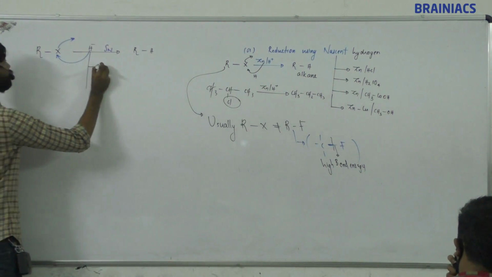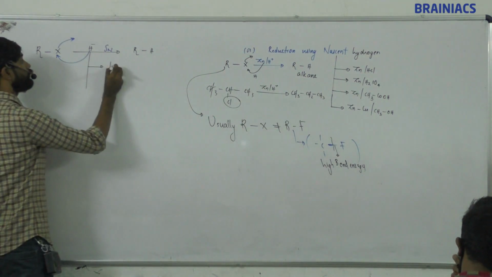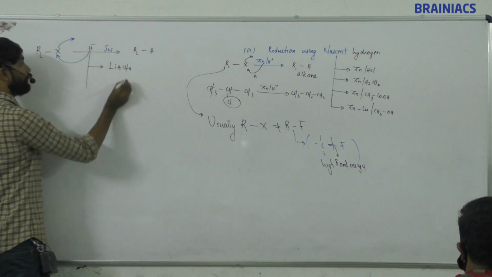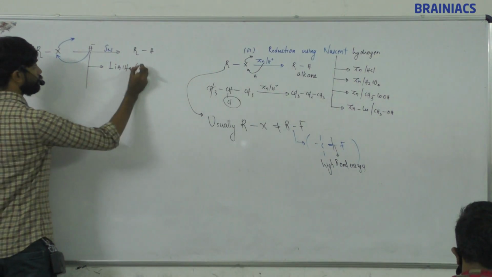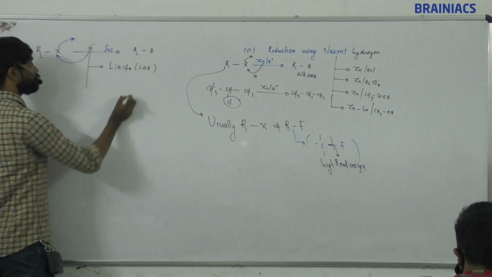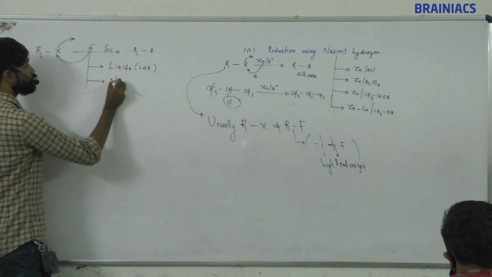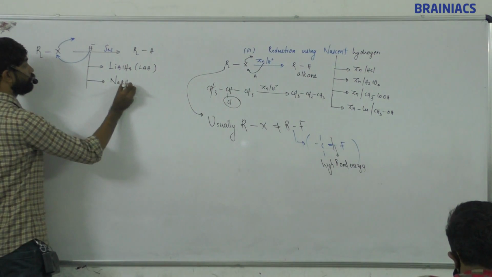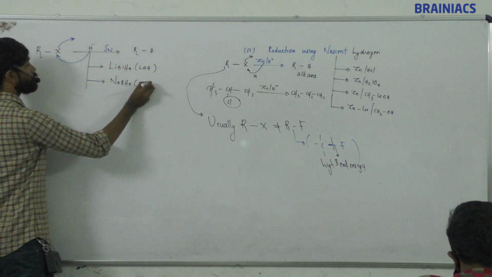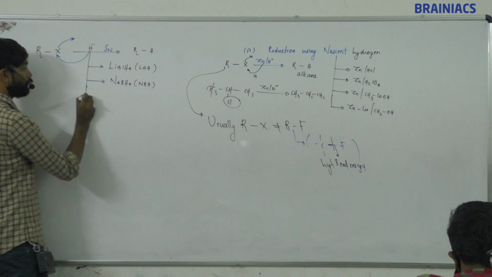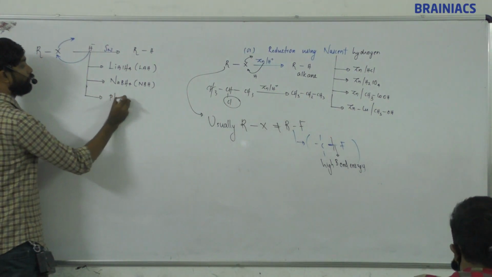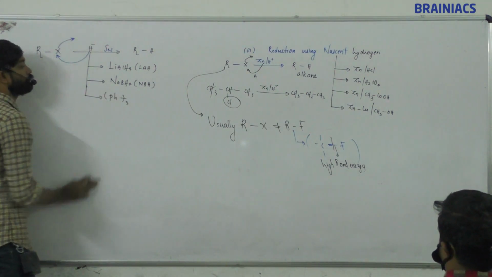Then the hydride ion donors may be lithium aluminum hydride, LAH, or sodium borohydride, NaBH4, okay, or Ph3SnH.